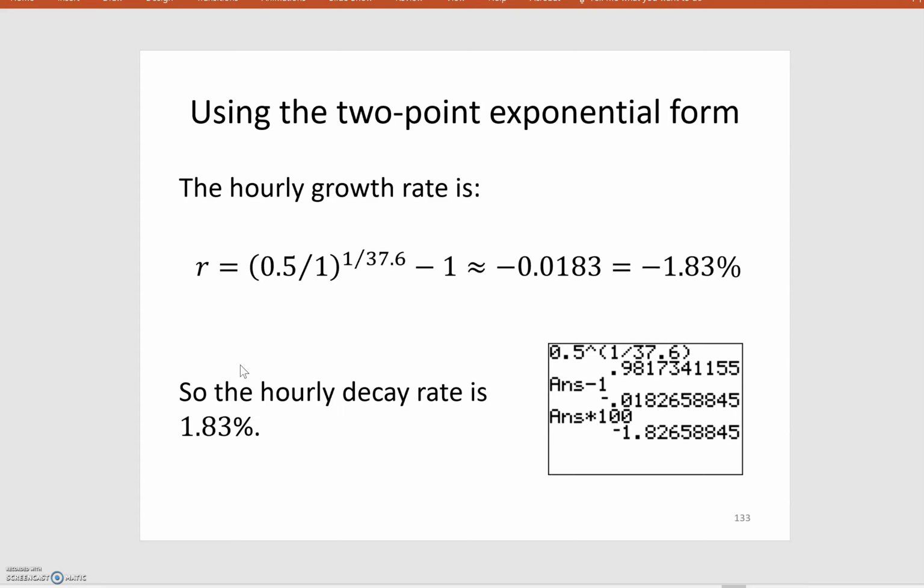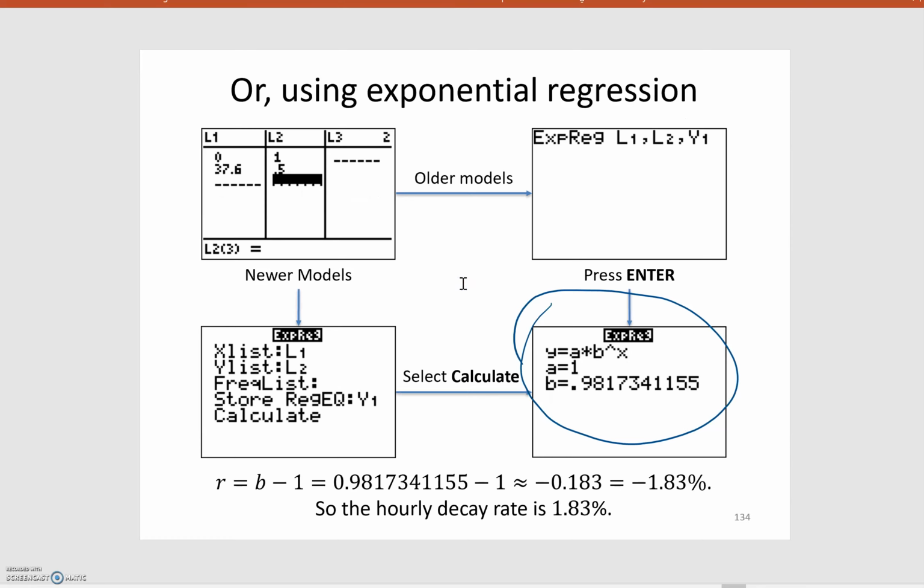So we're going to raise our factor to the 1 over 37.6, which is our doubling time, right? Subtract 1, that gives you your decay rate. So it's the same thing. We're converting a time unit to its rate form. Okay, but really I think that the exponential regression version is much simpler, so I would recommend doing that. And that's what we did here.